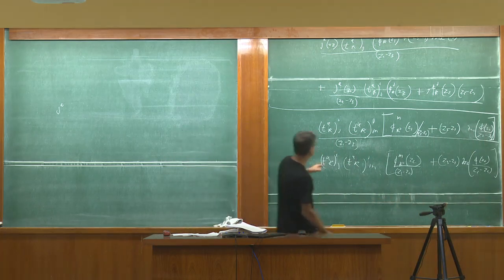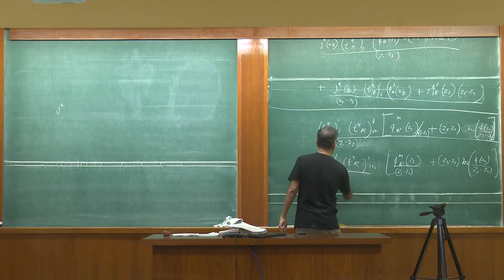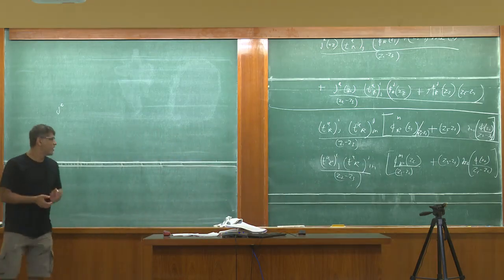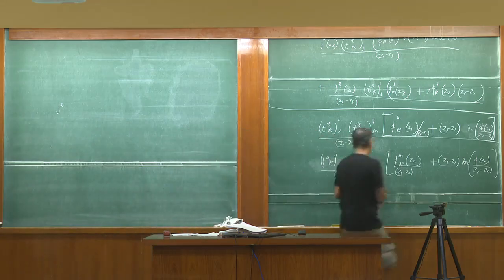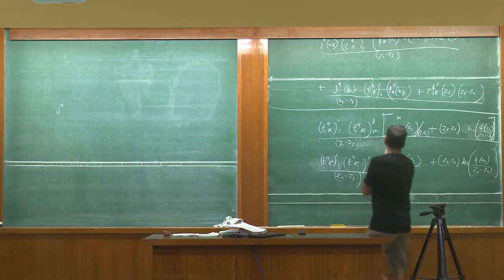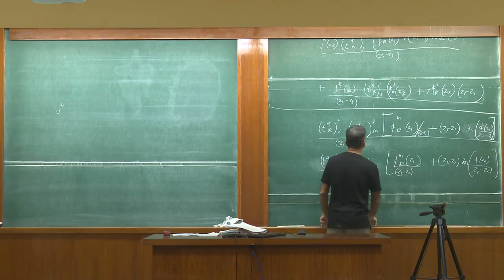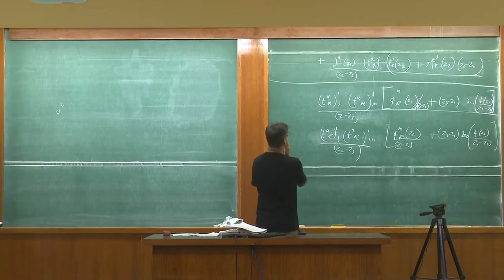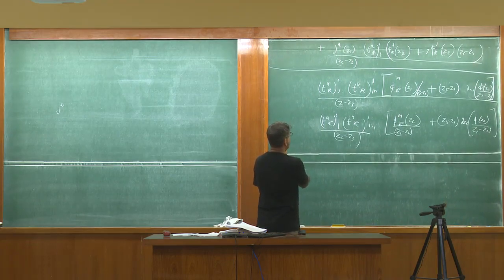And this whole thing was divided by Z2 minus Z3. Okay. And now we want to take the limit Z1 goes to Z2.